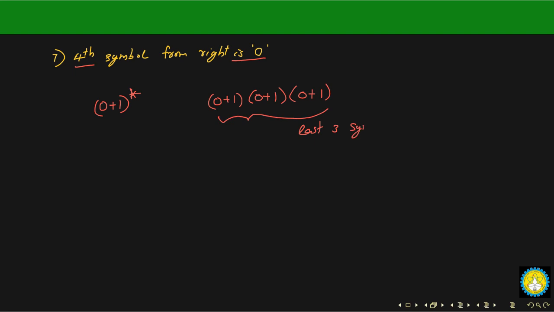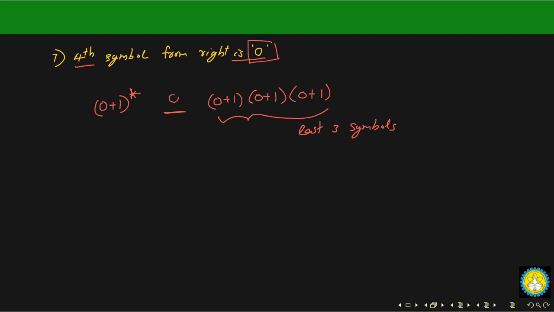3 symbols. And these are in the right also. Now the fourth symbol from the right is going to occupy this space. So this space has to be filled with a 0. That's mandatory.